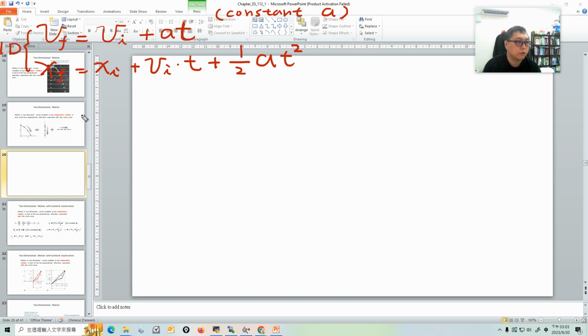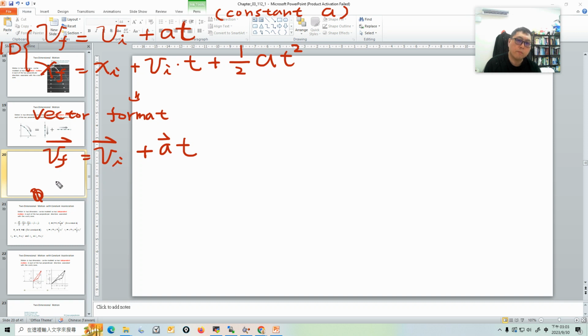So in many dimensions, in vector format, what will the equations of motion look like? It will look like this in many textbooks. I use the arrow to represent the vector, and it's constant acceleration. The final velocity equals initial velocity plus a times t. And for the position in 2 and 3 dimensions, the position vector, I use r.